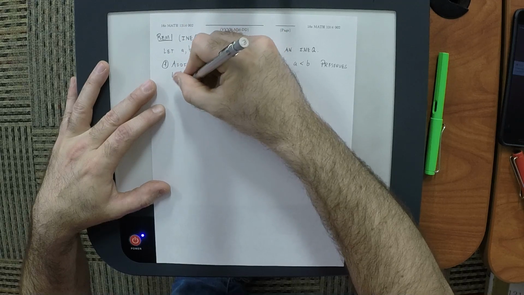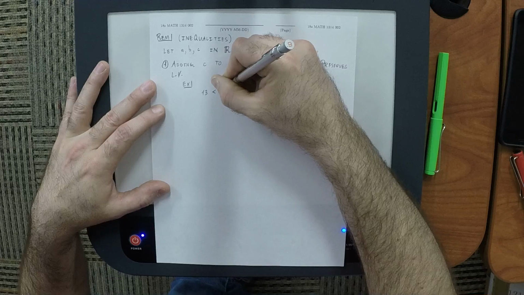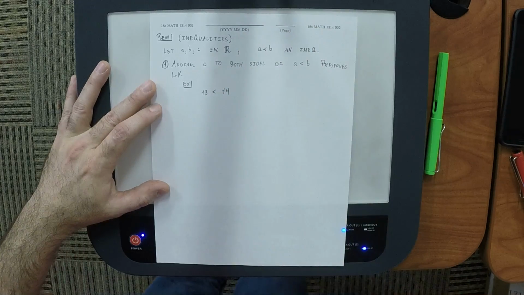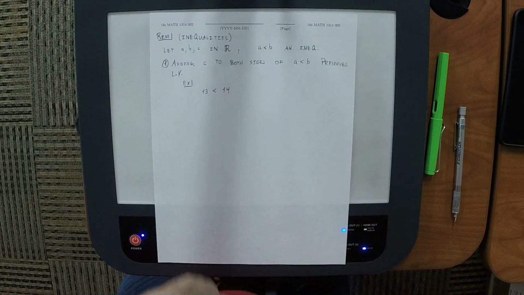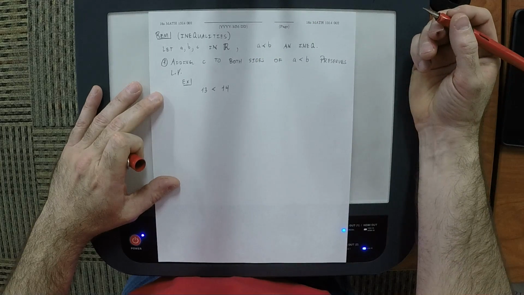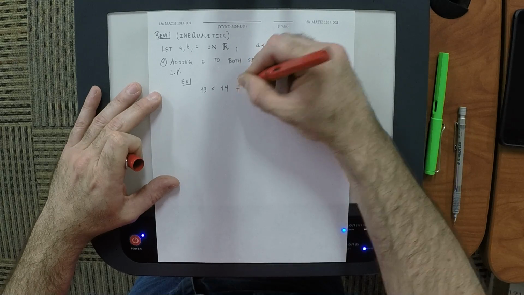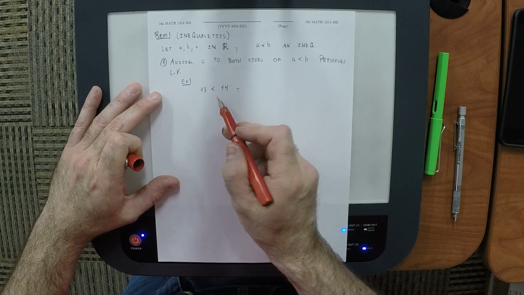To give you an example of what I mean, 13 less than 14. That's an inequality. What is its logical value? True, right? Yeah, it's true. Not an equal sign, it's less than.